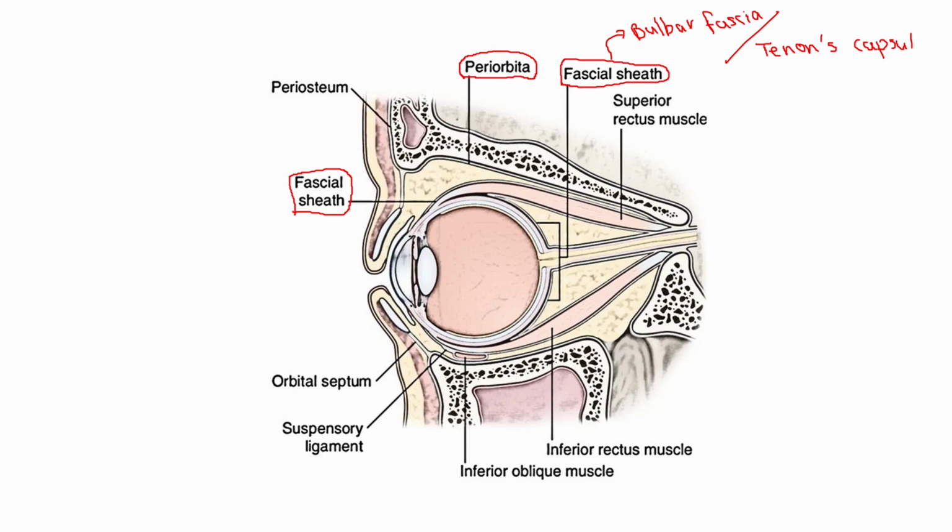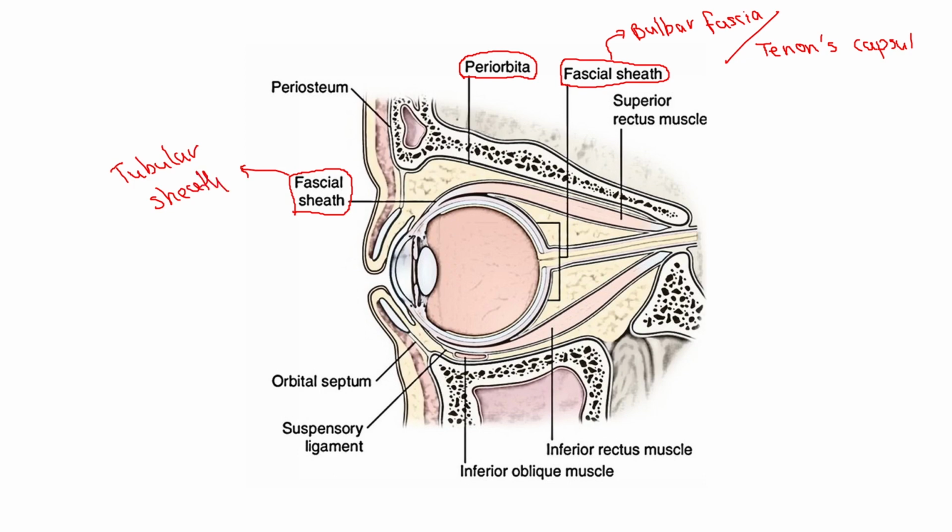Now, as you go anteriorly, it kind of expands into the extraocular muscles, and it goes into all the extraocular muscles. And once it's there, it's referred to as the tubular sheath. All right.